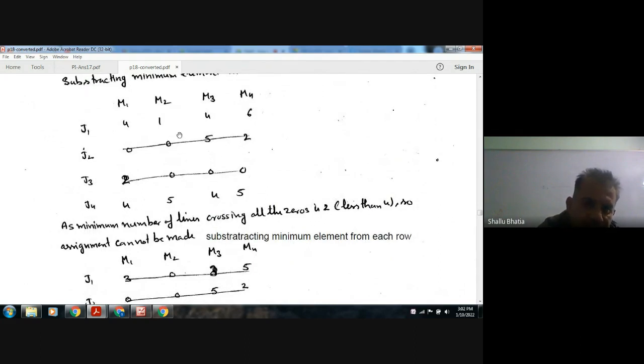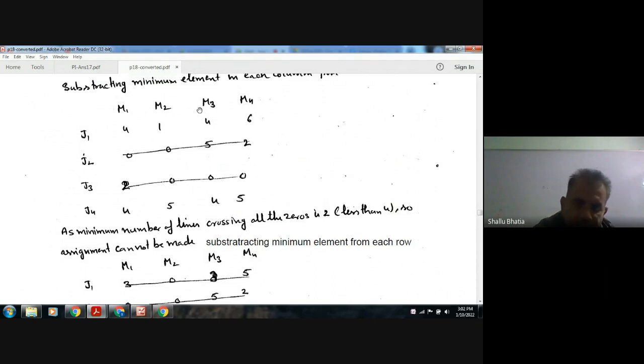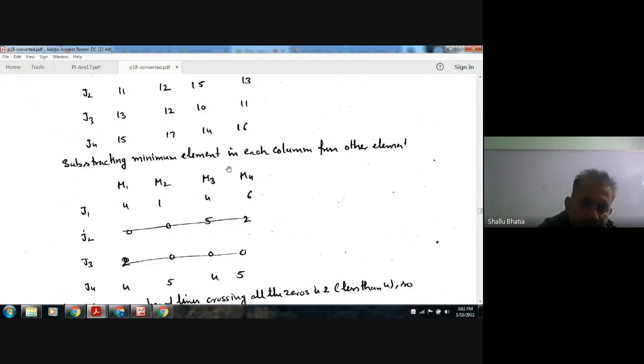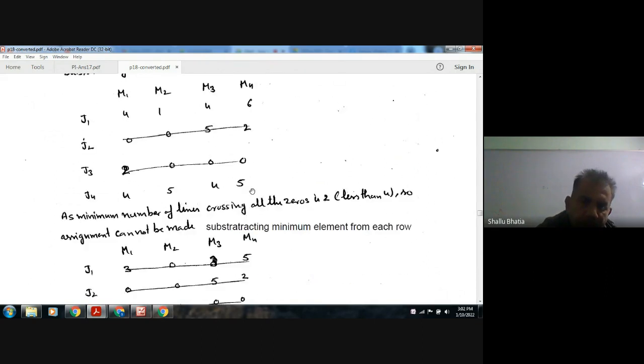Now, here we subtracted the minimum element from the column; here we will subtract the minimum element from the row. The minimum element is 1, so 4 minus 1 is 3, 0, 3, and 6 minus 1 is 5.